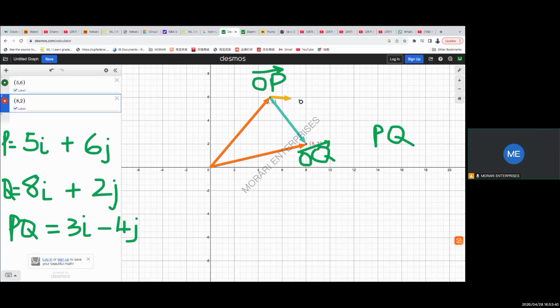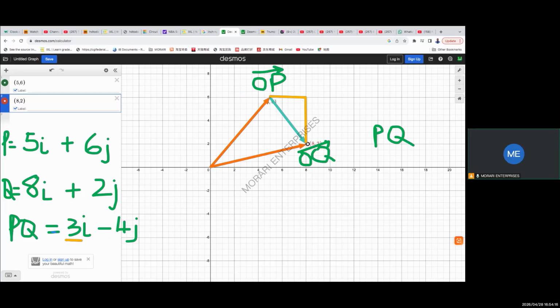If you complete a right angle triangle like this, then here you will see exactly that this x length is what? 3. This y length is going where? Going down. Did we go right? Yes, so 3 positive. Did we go down? Yes, how many units? Exactly 4 units. We went right 3 units and we went down 4 units.